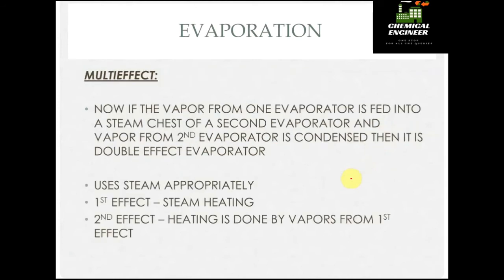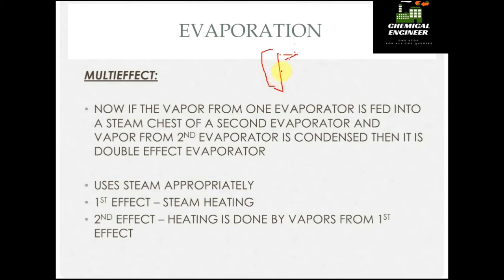So that is how multiple stage evaporators are generated. Now, multi effect. As we have seen in the single effect evaporator, vapors come out from the top. As these vapors are heated by steam, their temperature is very high, near the boiling point of the solvent.